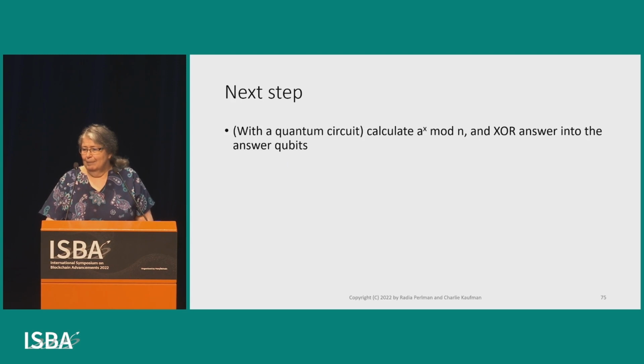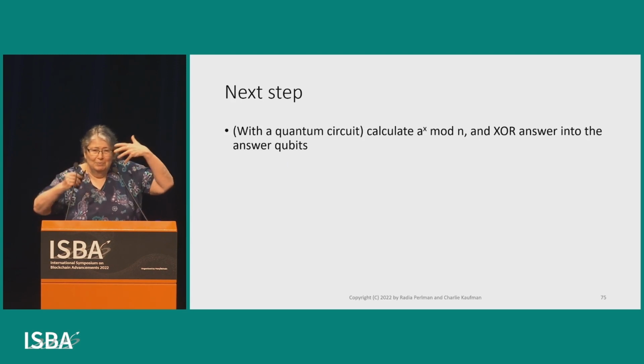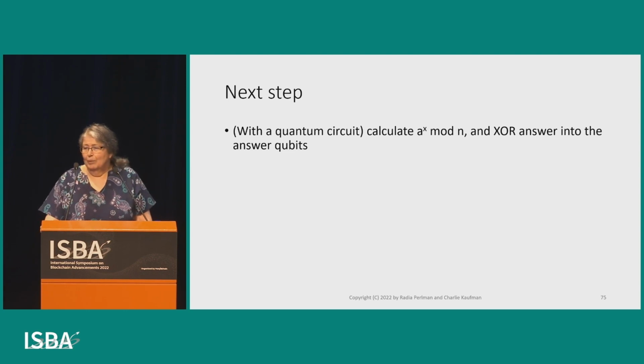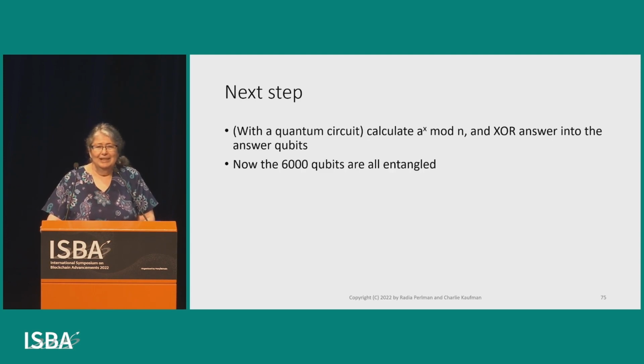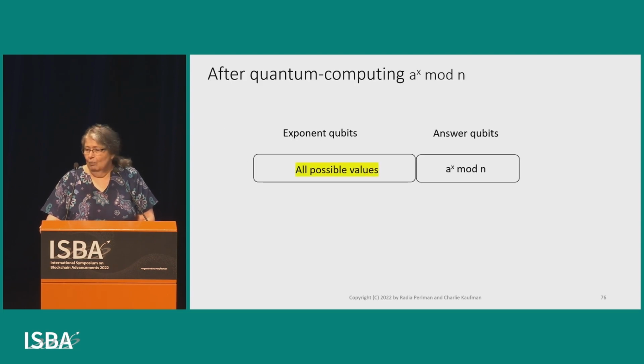So the next step is with a quantum circuit, because we want to do this simultaneously on all the values: we're going to calculate a to the x mod n and exclusive OR the answer into the answer qubits. So now we have 6,000 entangled qubits where the exponent qubits have all possible values and the answer qubits have a to the x mod n for each value of x.